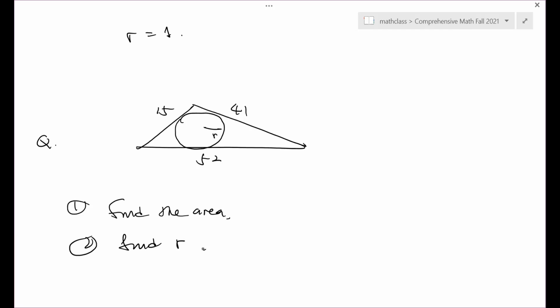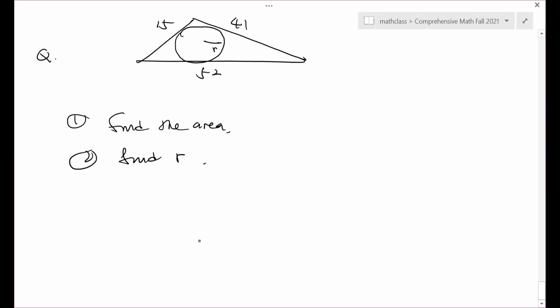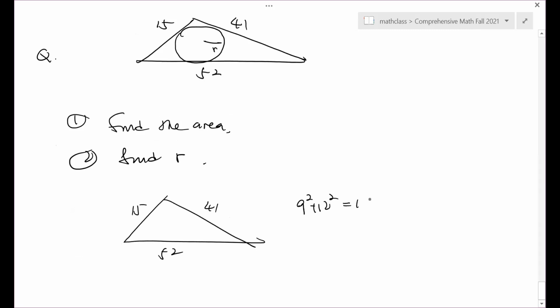Okay, there are 3 different ways to solve this problem. The quickest way, if you're lucky enough and you memorize the stuff, 15, 41, 52: we know that 9 squared plus 12 squared equals 15 squared, and 9 squared plus 40 squared equals 41 squared.